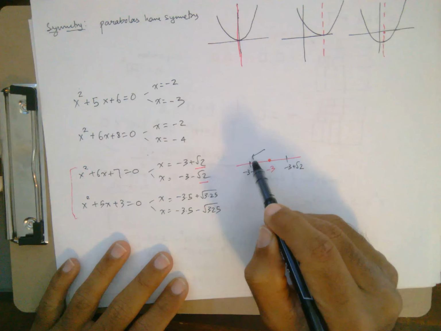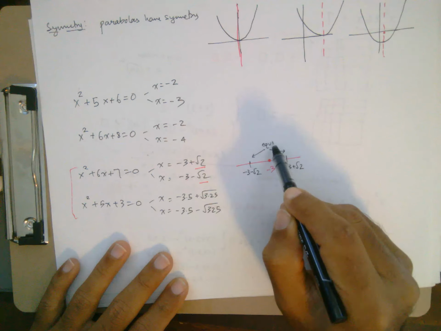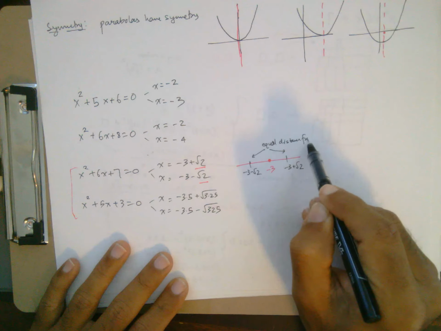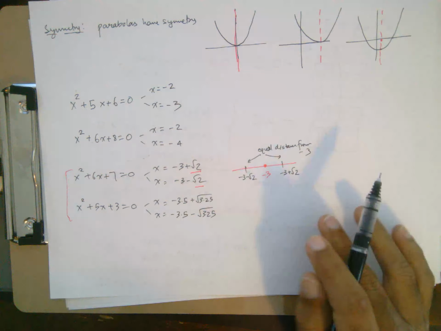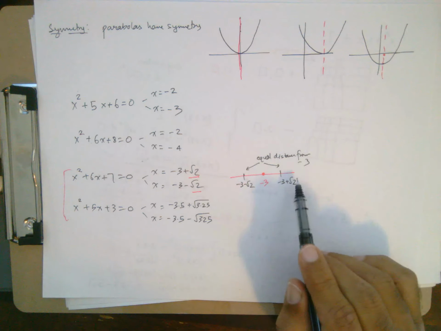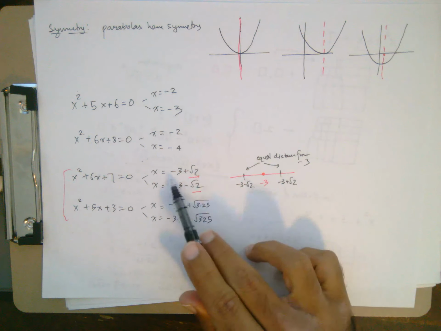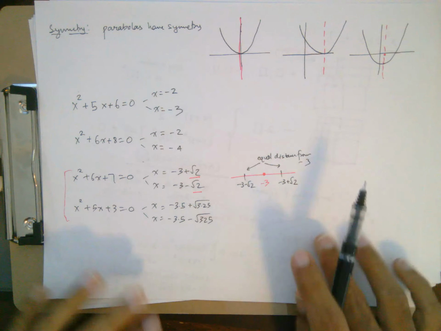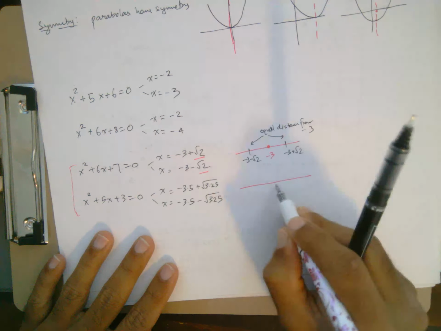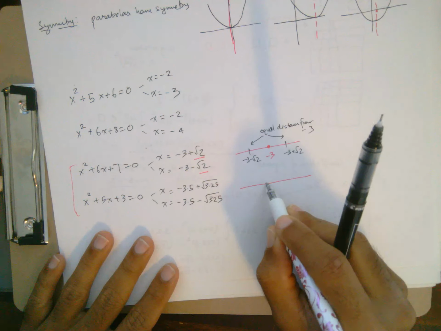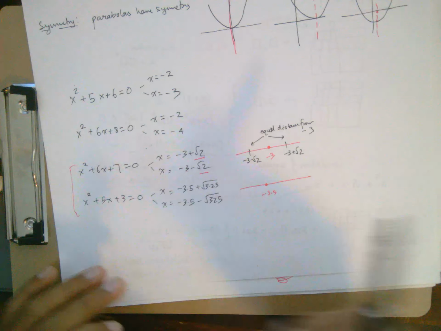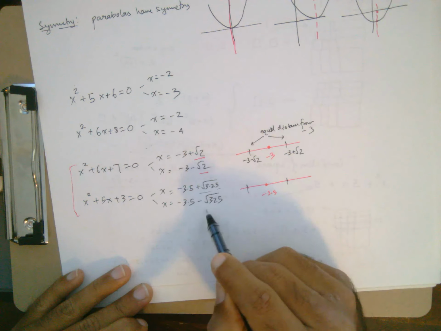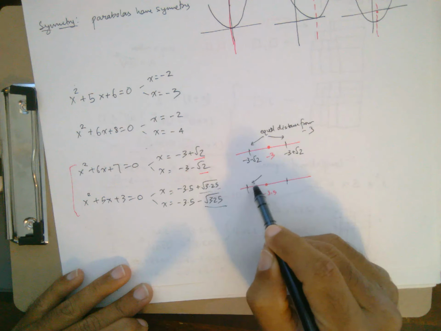What that means is these points are equidistant from -3. That's pretty neat because it means that my answers for x are symmetric about this point, -3. Same thing goes for this one here, -3.5, because I'm adding and then subtracting the same value.